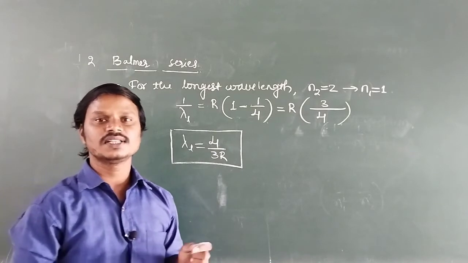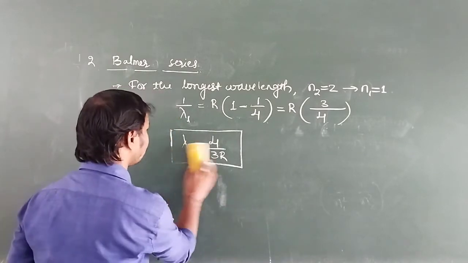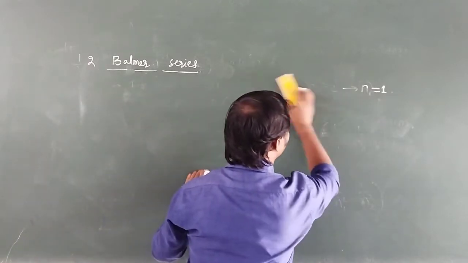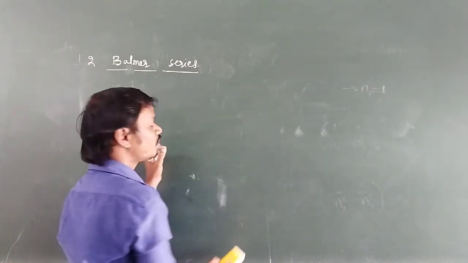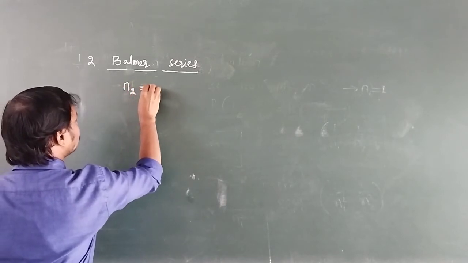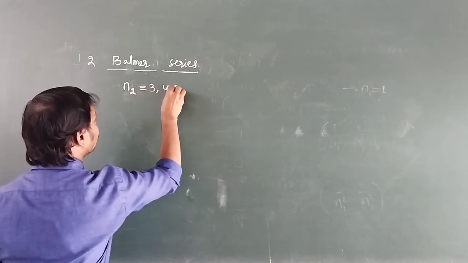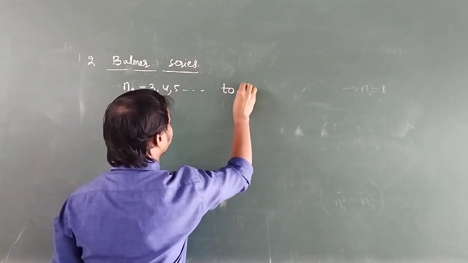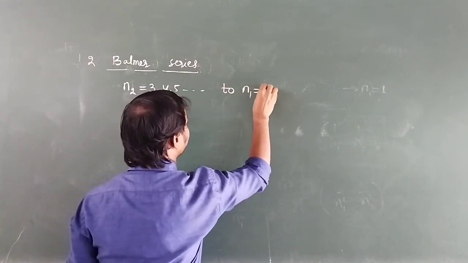Then what are the higher orbits here? Which is the ground orbit in case of Balmer series? Ground orbit is 2. Then higher orbits are 3, 4, 5 and so on.